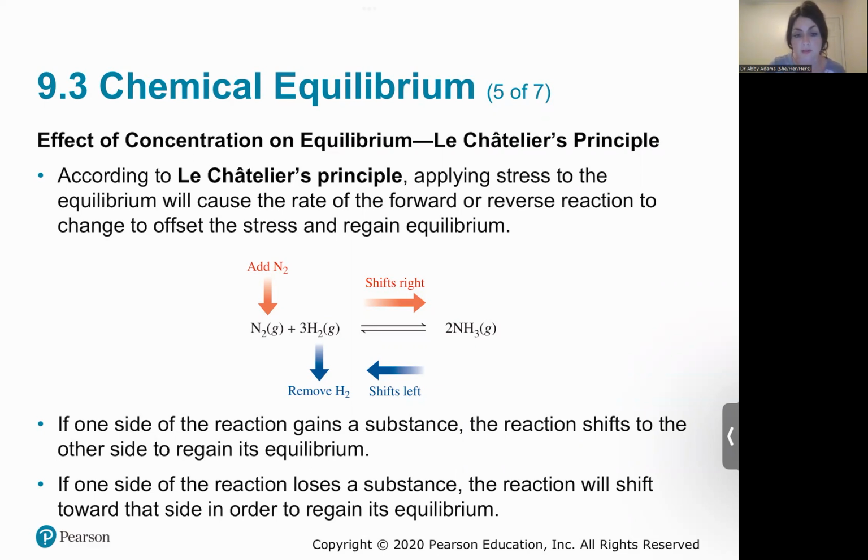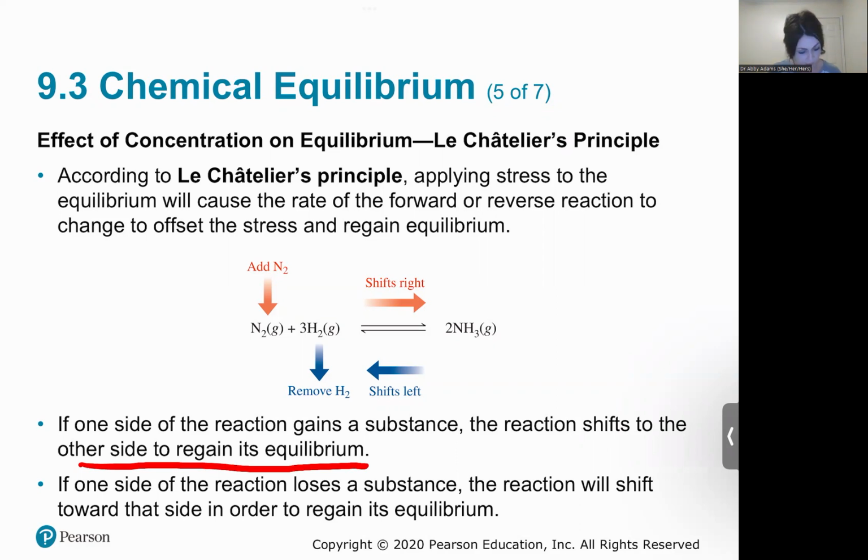And the reaction itself is going to try to offset the stress, or however we have affected the environment of the reaction. So if one side of the reaction gains a substance, the reaction shifts to the other side to regain its equilibrium. And if one side loses a substance, the reaction shifts towards that side in order to regain equilibrium. Once again, it's all about regaining that equilibrium.